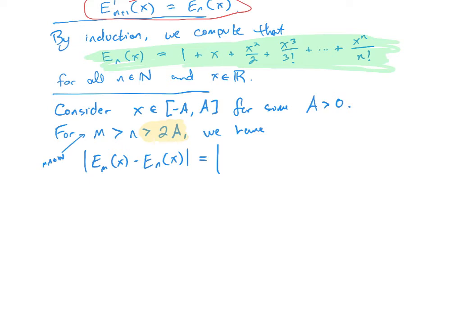So we're going to start at the n plus first term, and that'll go up to the mth term. That's the difference between these two functions at the point x.